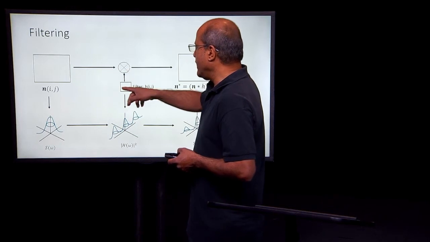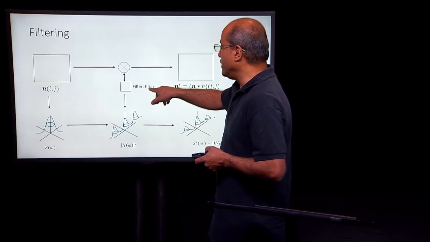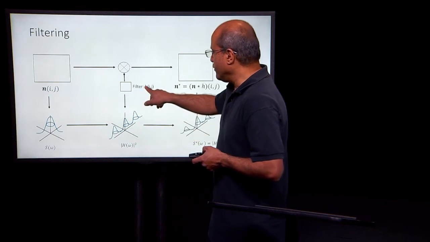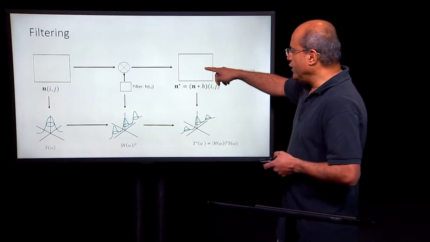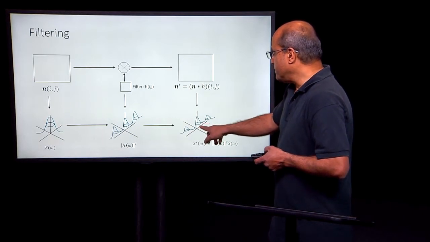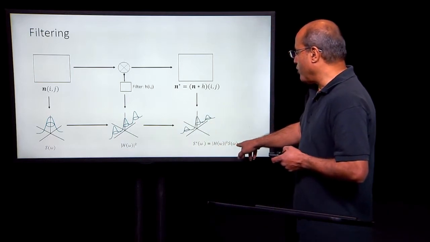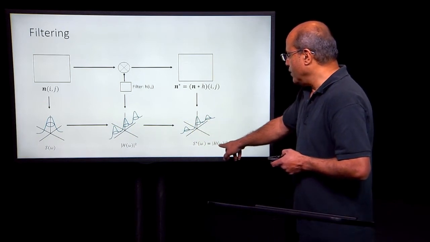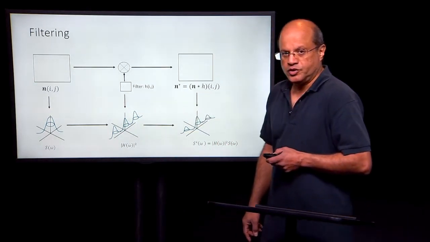If I now filter that noisy image with a filter whose impulse response or template is H_ij, and let's say the magnitude squared of that filter's frequency response looks like this, then it turns out that the filtered image, which is noisy, also has a spectrum. And this spectrum is related to the original spectrum and the filter spectrum simply by a product. So its value at any point is the value of the original spectrum multiplied by the magnitude squared of the filter that you're filtering that noise with.